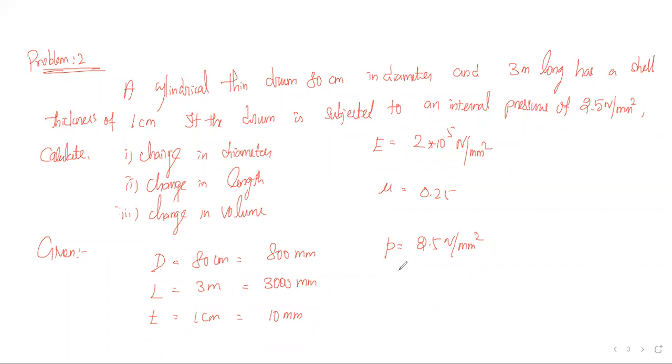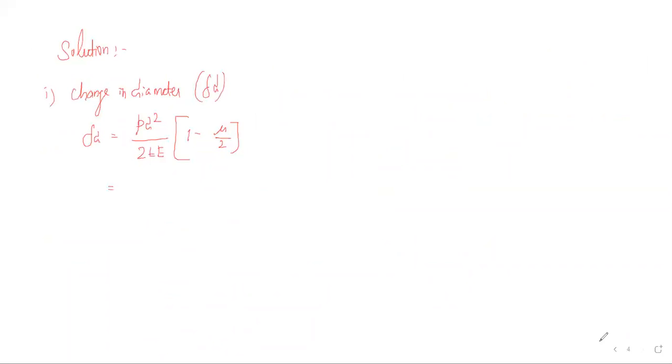So PD squared divided by 2TE, 2 into thickness T into 10 mm, E is equal to 2 into 10 to the power 5, multiplied with 1 minus 0.25 divided by 2. If I substitute this, I am getting the value of 0.35 mm.